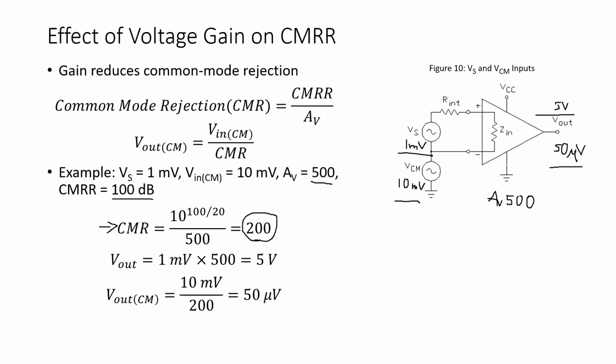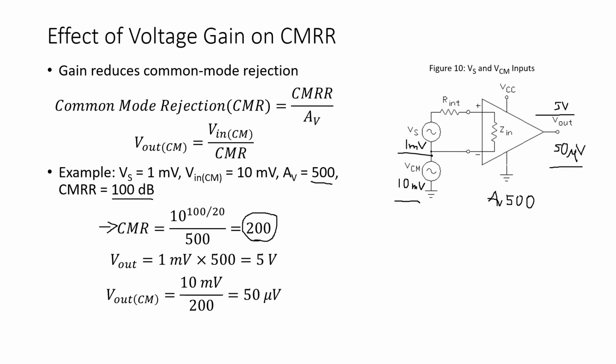Now, one of the situations with our amplifiers is that the differential amplifier itself rejects any common mode voltage, but any value of voltage gain that we have with the amplifier also amplifies both the input voltage Vs and the common mode voltage.